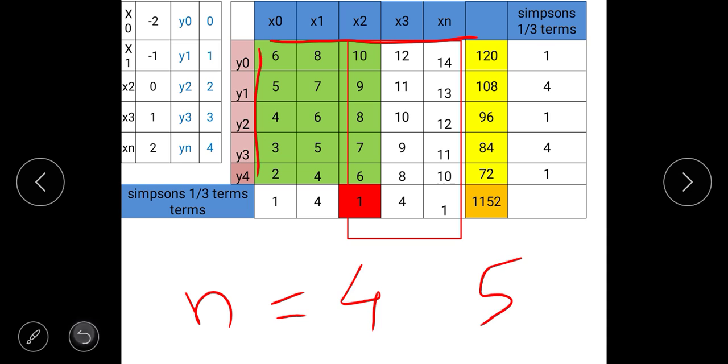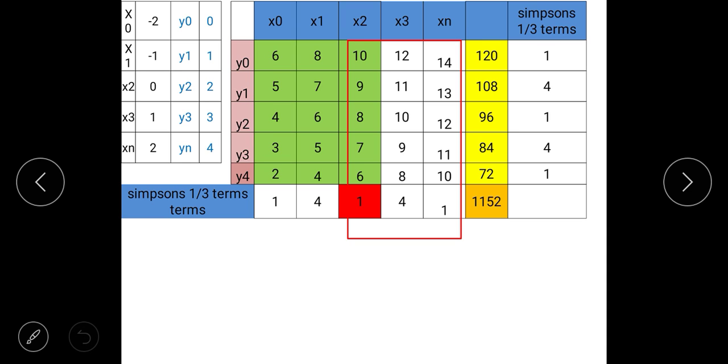Similarly, when the calculator asks you what is x0, you can say x0 is minus 2 and y0 is 0. You will get 6. Again, for finding this 5, the calculator will ask you what is x0. You can write x0 is minus 2 and y1 is 1.